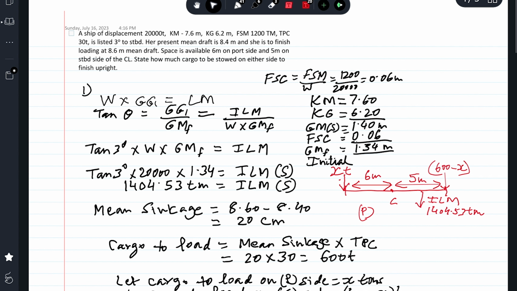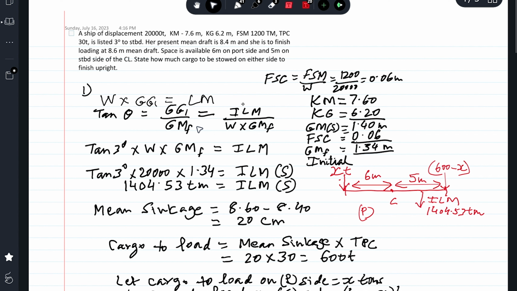We have not started loading because in my initial condition itself the vessel is listed. So I need to find out what is the initial listing moment. So tan theta, that is the initial list, is the initial GG1 upon GM fluid.